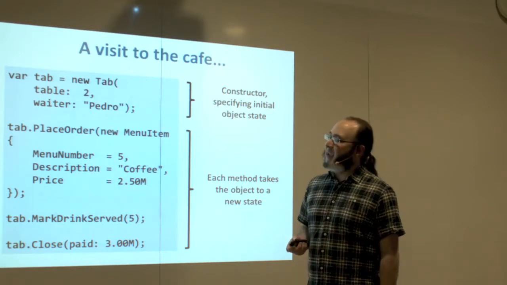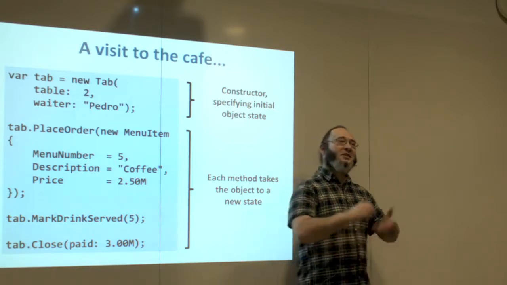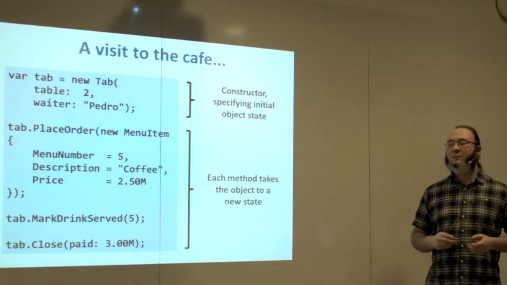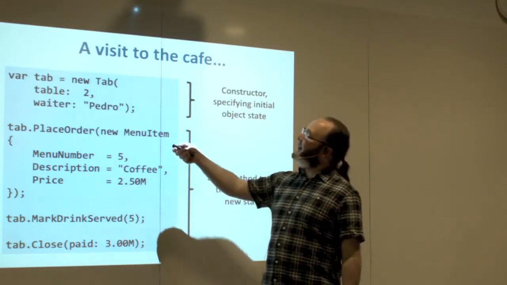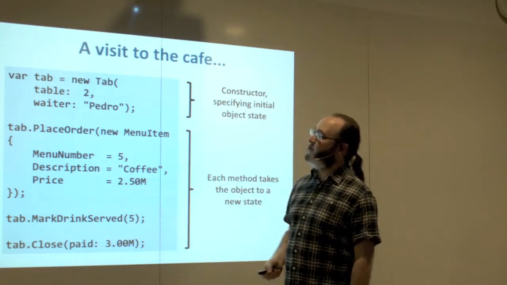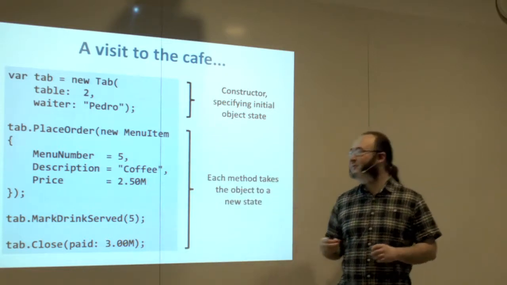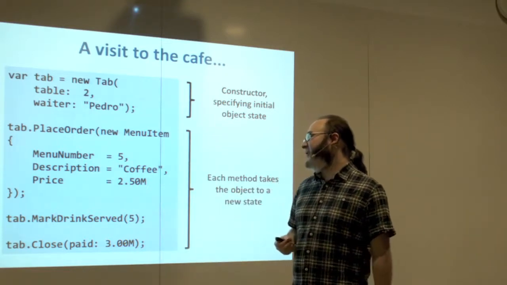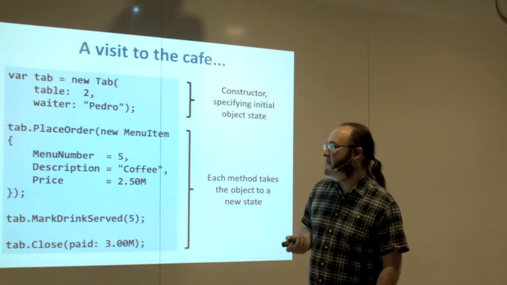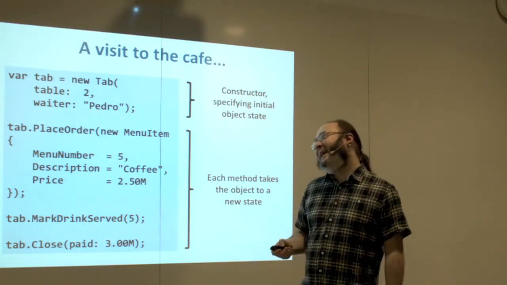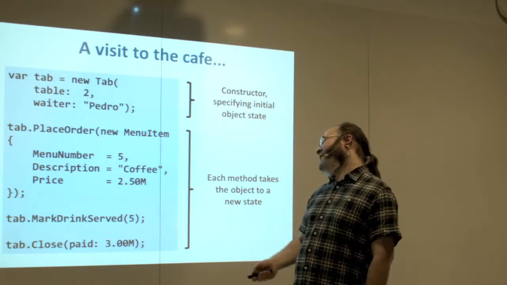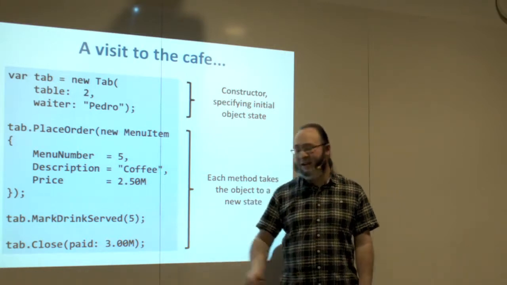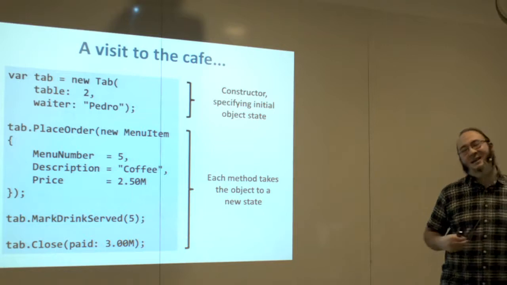Imagine we're visiting a cafe and they have some system for keeping track of what we buy. What drinks, what food. So I make a tab, it's for table 2. My waiter is called Pedro. And I order some coffee, which costs me $2.50 in some currency. And then my drink gets served, and I pay free of that currency, I guess, leaving a nice little tip.